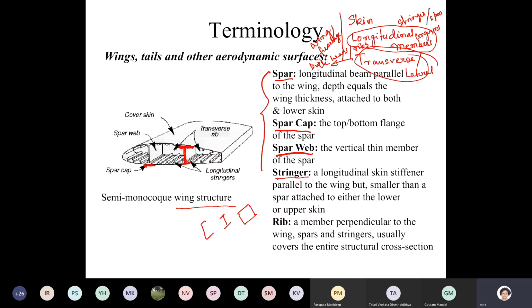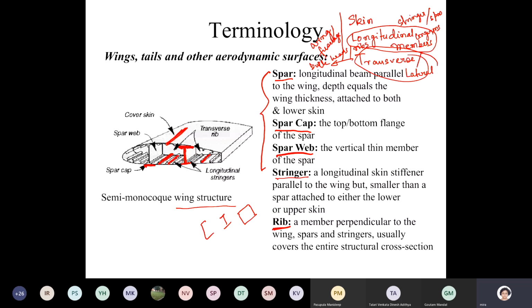Stringers are also longitudinal members, but they are smaller than the spars and are usually on the top and bottom portion of the wing, running through the span. So spar and stringer make the longitudinal members of a wing, and then comes the rib, which is a lateral member perpendicular to the wingspan.